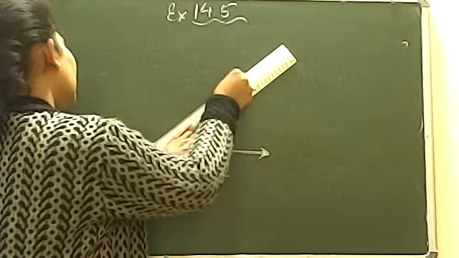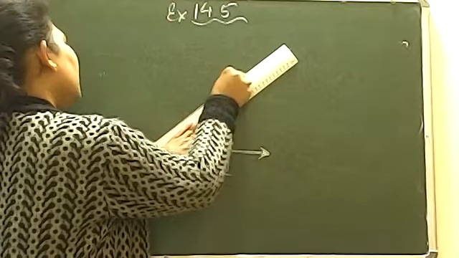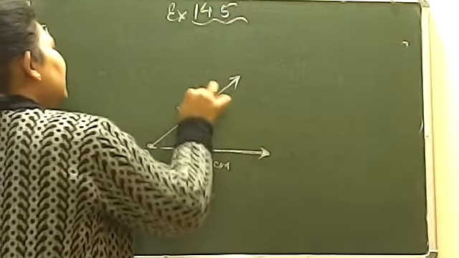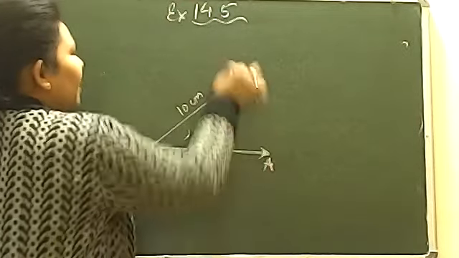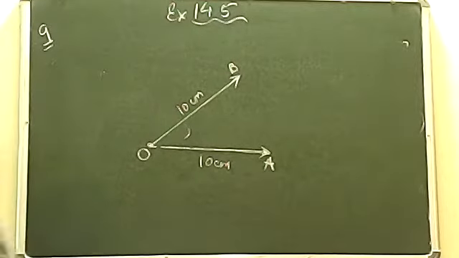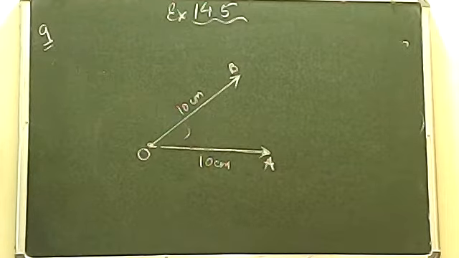Yes, now I have got this is also 10 centimeter, and here I will give the name A, here I will give the name B. Now I have taken an angle of any degree, and I have made the arms in such a way that both the arms are of equal length. Now OA and OB in my angle are equal.